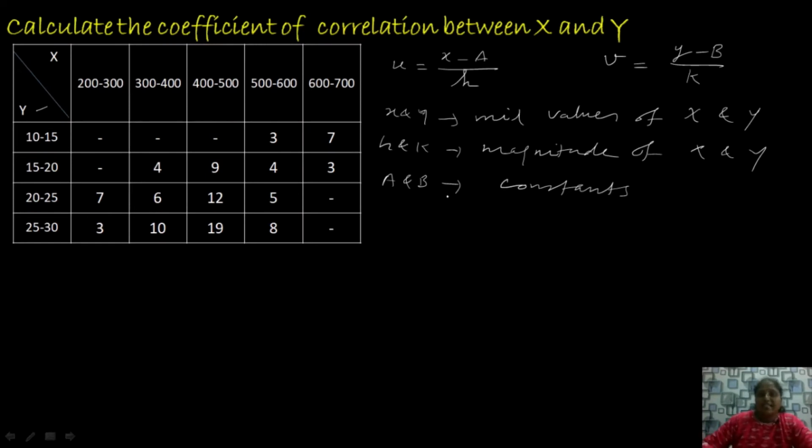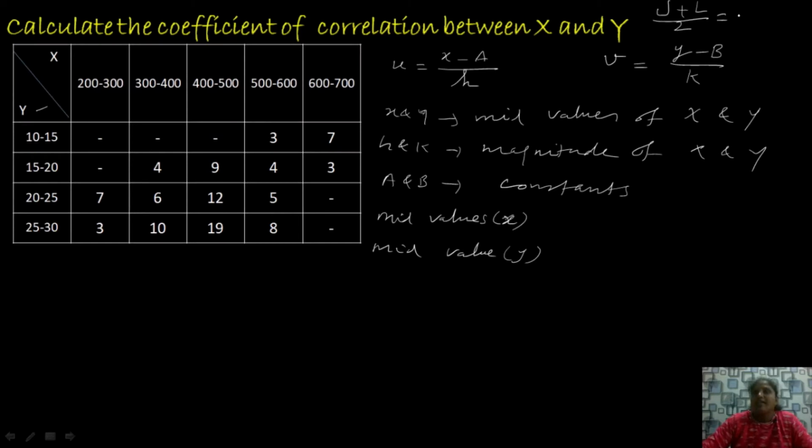Now, let us first calculate the middle values of the class intervals of x and y, denoted by lowercase x and lowercase y. You already know how to calculate the middle value of a class interval. If you don't, add the upper limit and the lower limit and divide by 2.